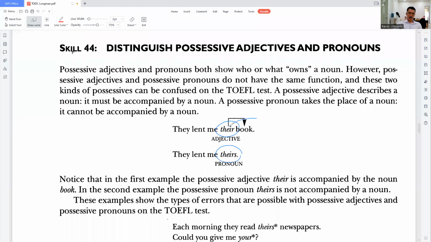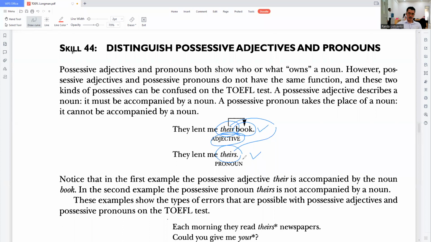If there is a pronoun that identifies a belonging, a possession, it can be written in two forms. You can use this way or this way. If the pronoun is followed by the thing or the noun, you should use a possessive adjective.